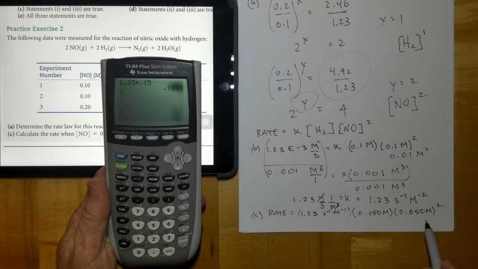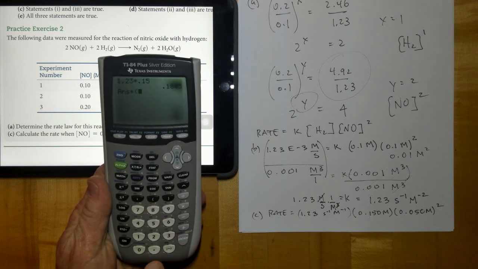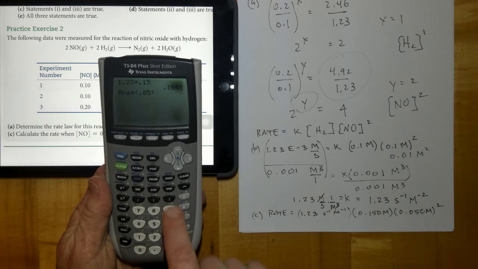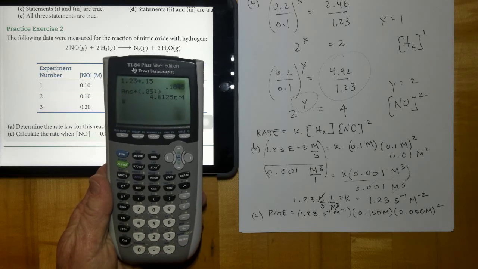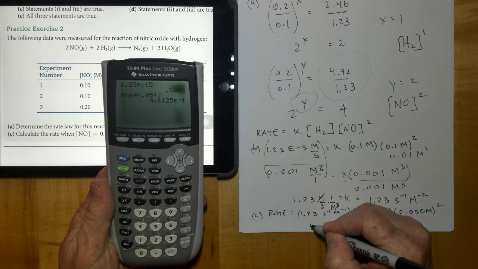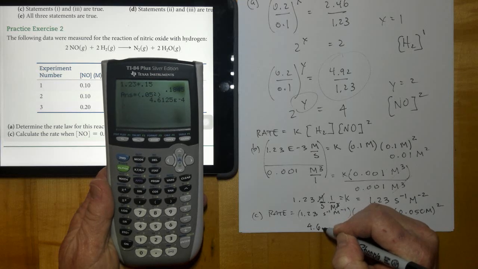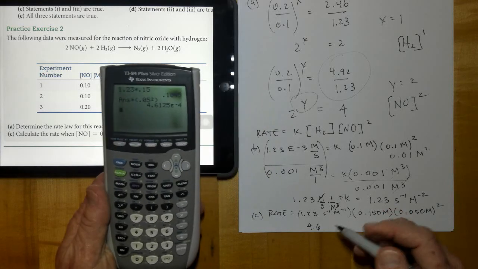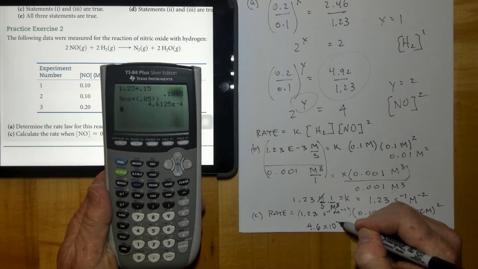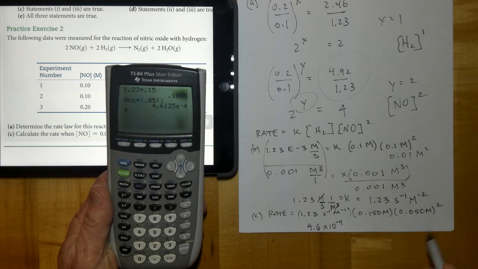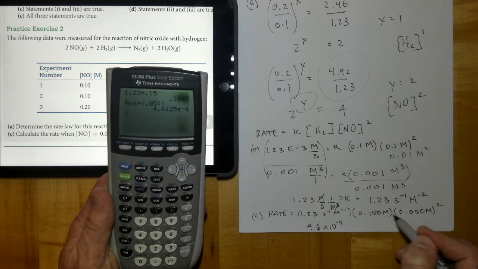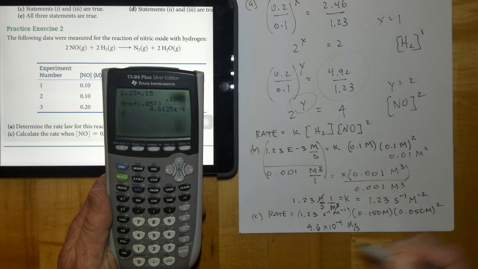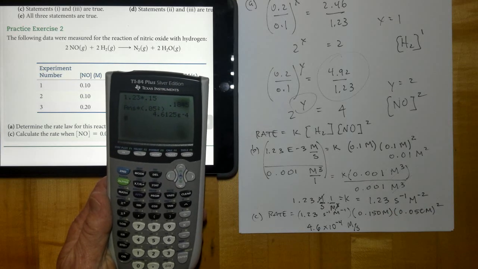And then I need to multiply that by 0.05 squared and enter that, and I end up with a rate of 4.6. I get 2 sig figs on this, so 4.6 times 10 to the negative 4th, and the units on that would end up being molarity cubed right here, and we've got one molarity over here, so we end up with molarity per second, which is what rate should end up being.